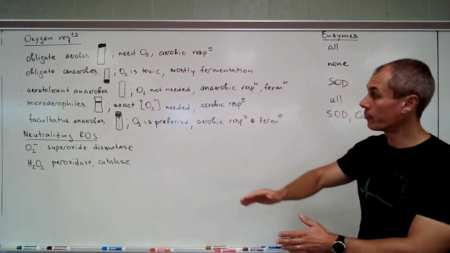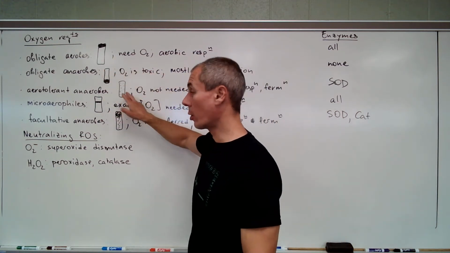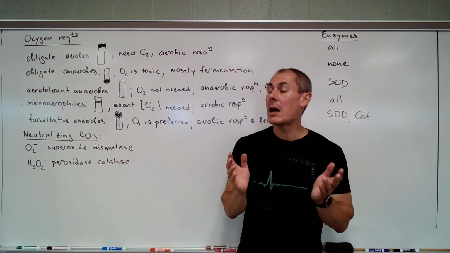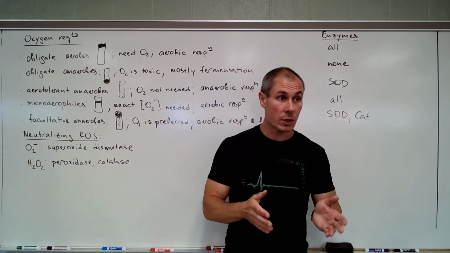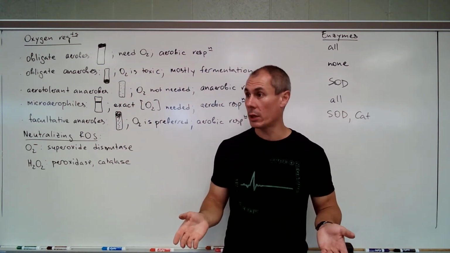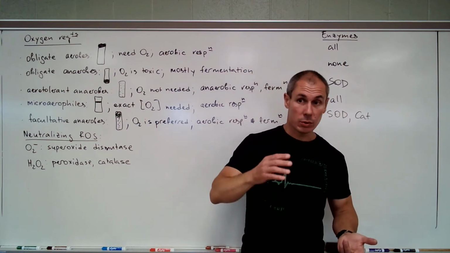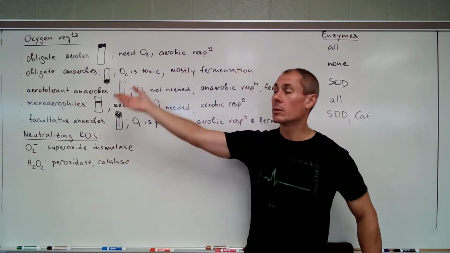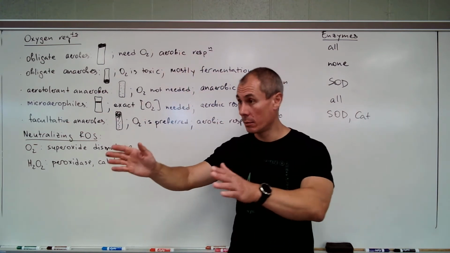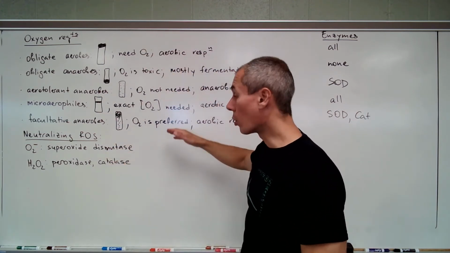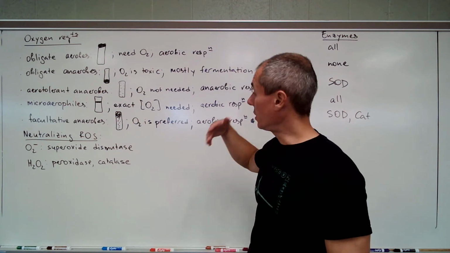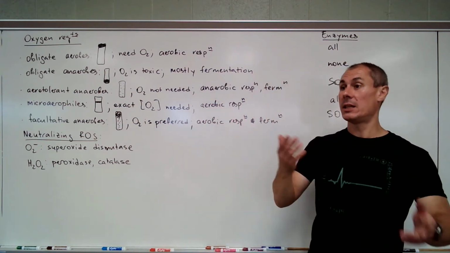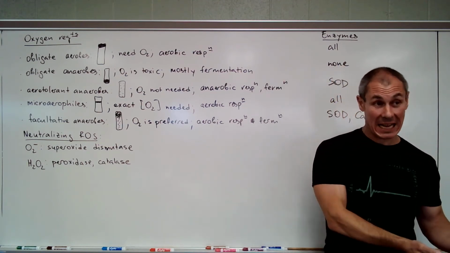Of course. So, again, mode of growth, these little tubes. I can give you, among others, a description of a microorganism saying, this microbe grows at the top of the tube. What is it? Exactly. Things like that. Make sense? Role of oxygen. Does it need it? Does it not? Is it toxic? Is it not? Maybe it doesn't need it, but oxygen is okay.